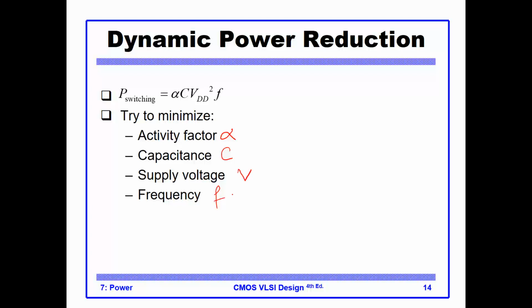As we said, I'm going to repeat this one more time: dynamic power equals switching power plus short circuit power. We are ignoring short circuit power for the purpose of these lectures, so dynamic power almost equals switching power to certain extents. Other people might disagree, but for these lectures we're going to assume that.